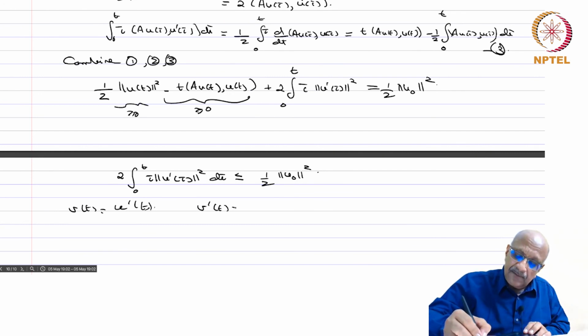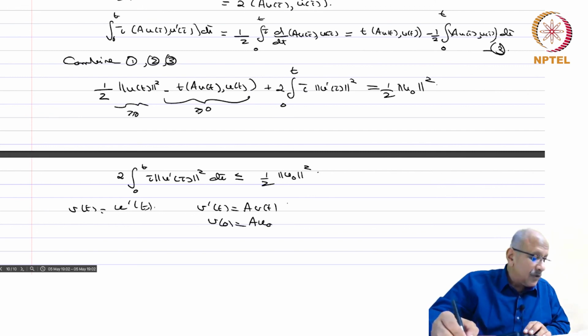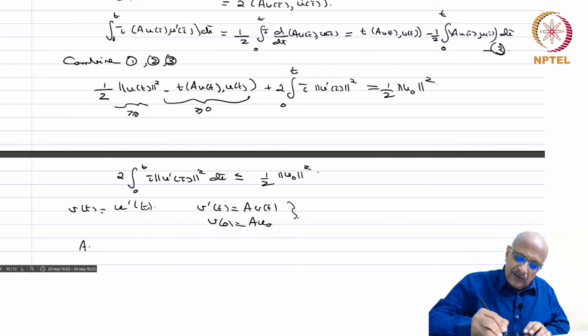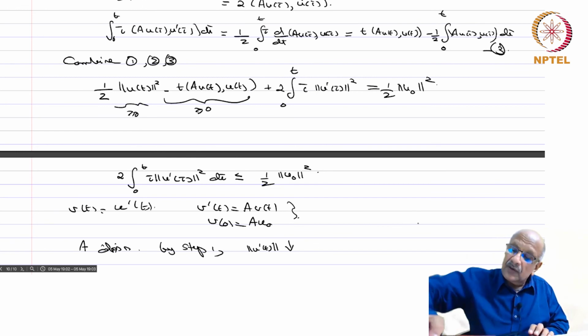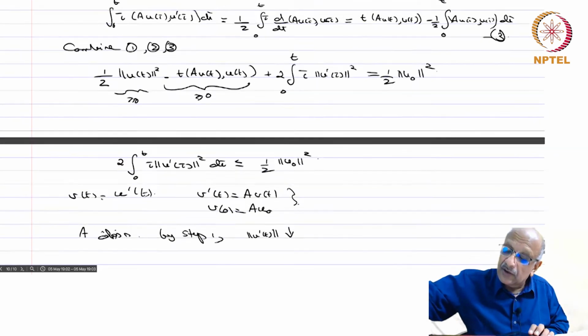V'(t) equals A V(t), and then V(0) is equal to A u(0), okay. Now A is dissipative, so by step 1 norm u'(t) decreases, and it is less than norm u'(0), okay, that is less important.